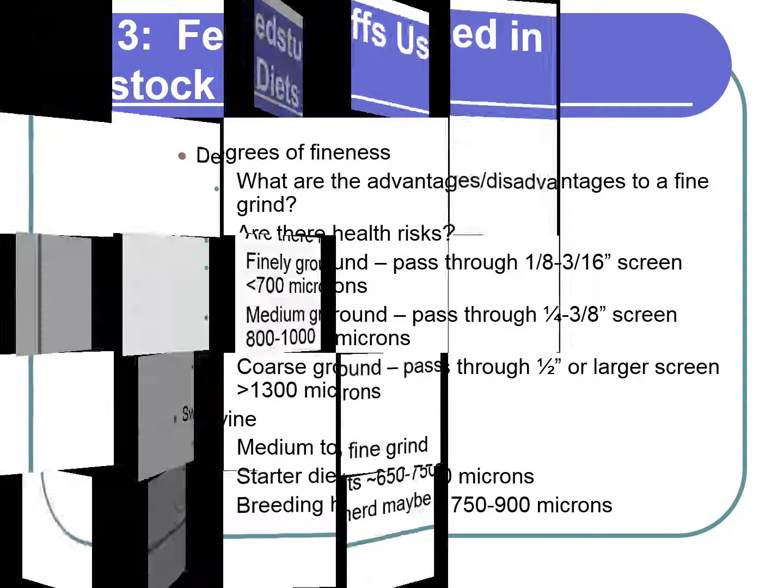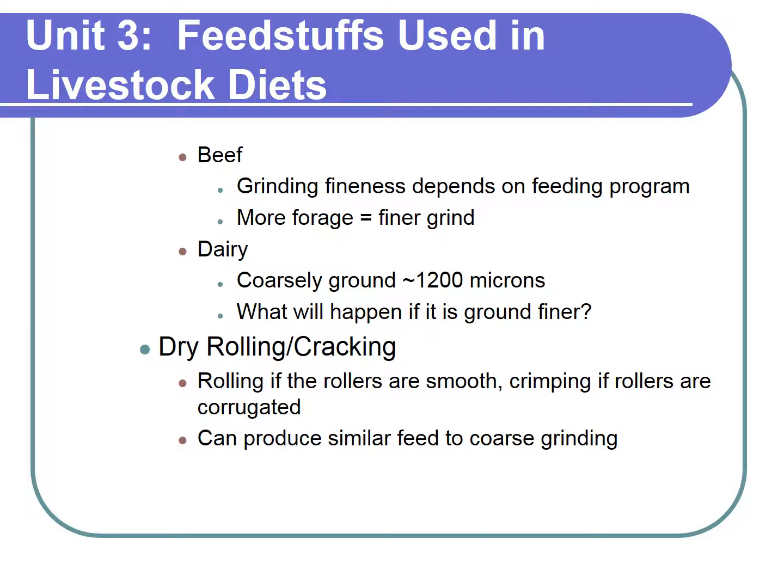Dairy on the subsequent slide here is around 1200 microns, which would be not quite cracked corn, but I tell you, today we grind dairy feed just almost like we grind pig feed, and same thing with beef feed. We figured out that it's much more effective, it's much more efficient, and we can make sure and provide enough fiber with other products to not cause health problems, and we'll discuss that.